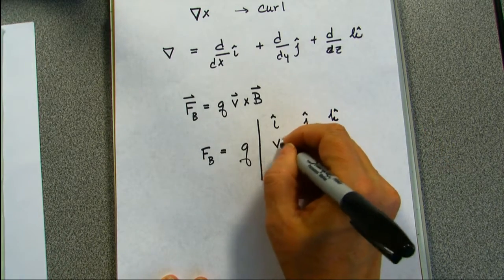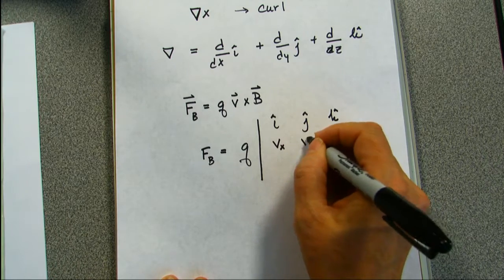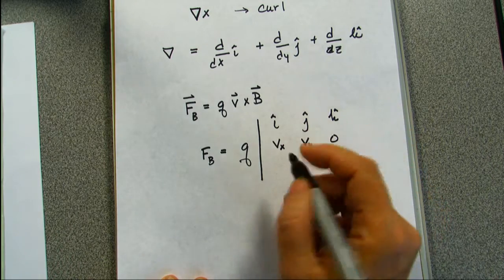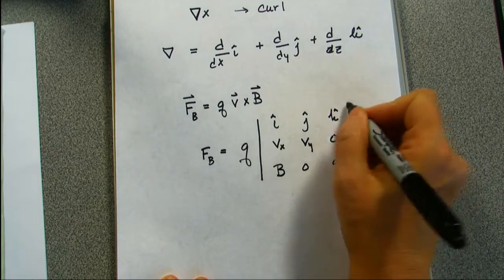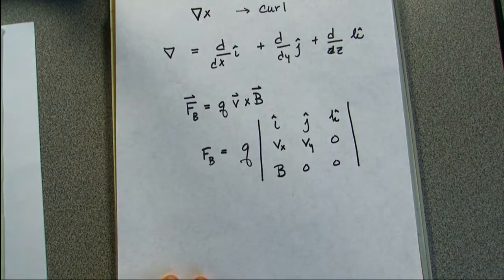And if I only have a velocity in the x and the y, it's going to look like this. And my magnetic field is in the x direction, it's going to look like that. And we can do the determinant of that lovely cross product. Okay? What that ends up doing is going to give you your right-hand rule mathematically.